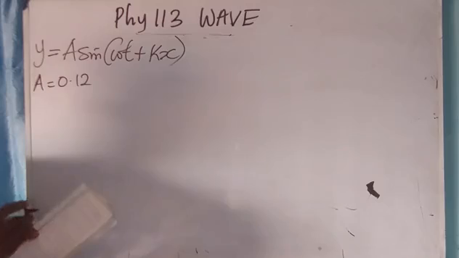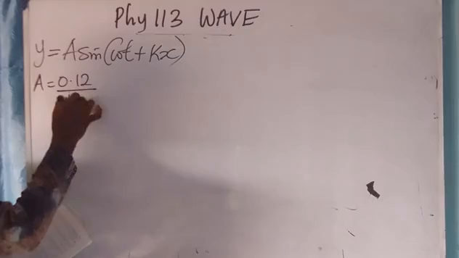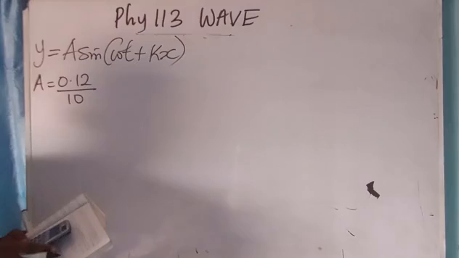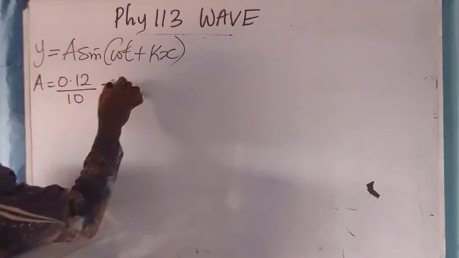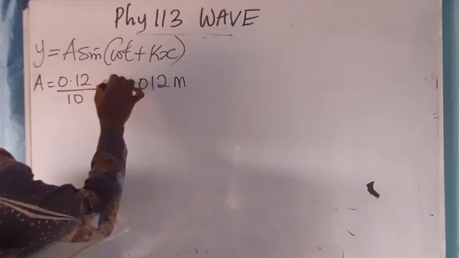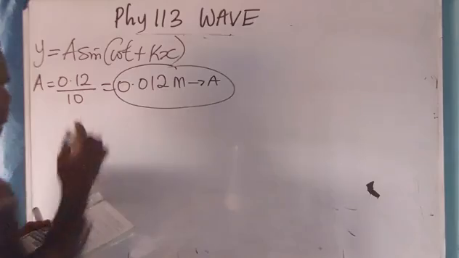To convert to meter, it's 0.12 divided by 10, which equals 0.012 meter. So this is the amplitude.